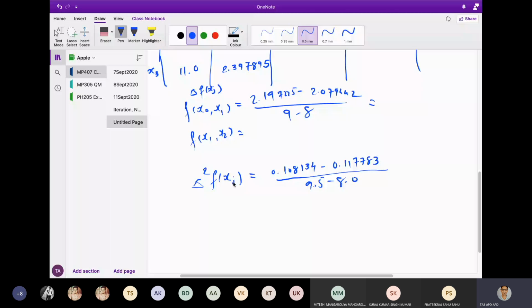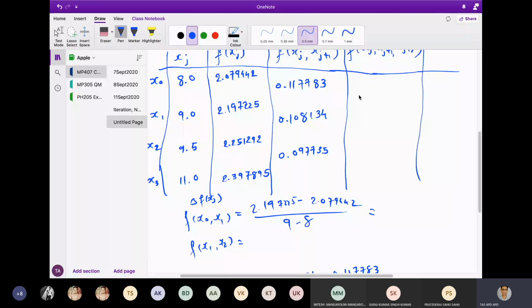All right, that will be for the first coordinate. So you take the difference of these two, and that you obtain over here. Okay, so that value I am writing down directly, 0.006433. ठीक है, ये दोनों का जो divided difference है.